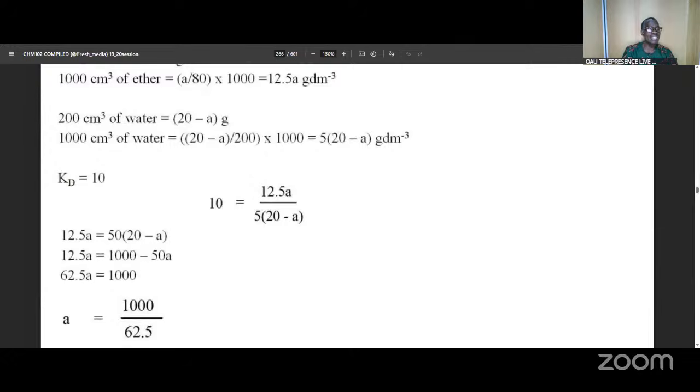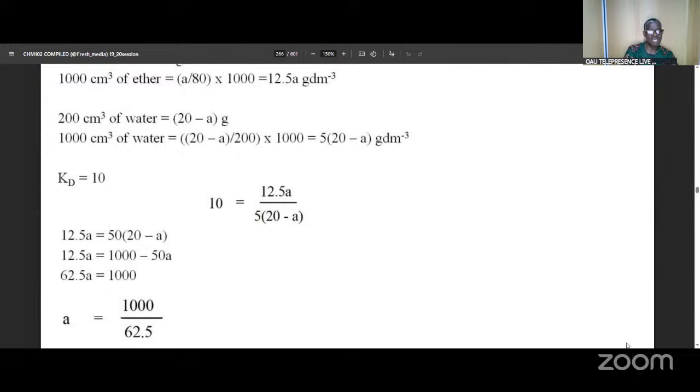Now, Kd, we know our formula. Let's substitute the Kd and the concentration in gram per dm cube of X in ether over the concentration in gram per dm cube of X in water.